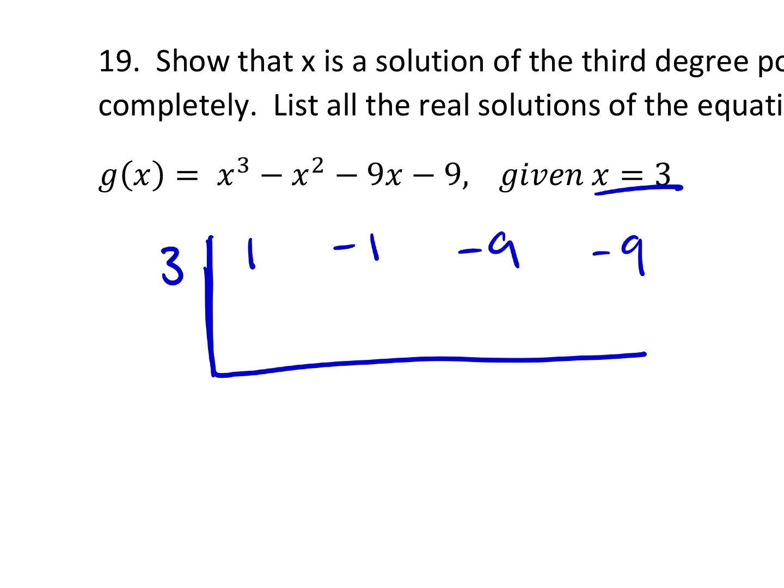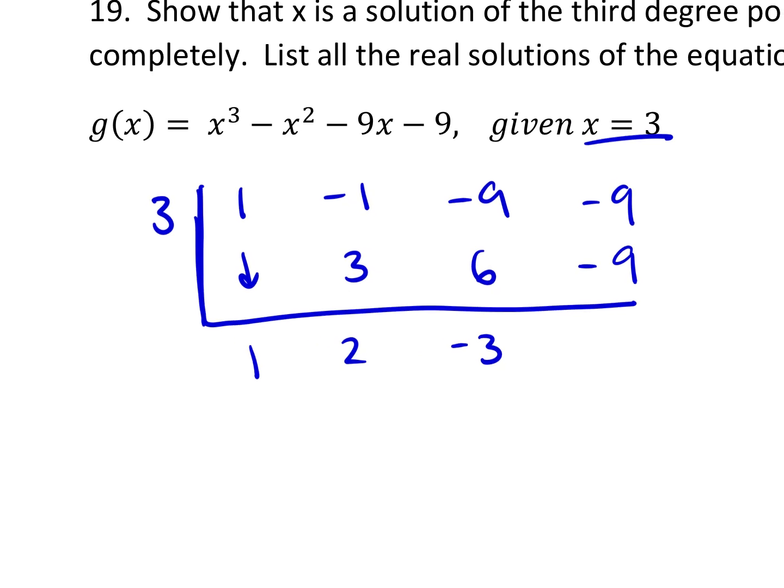And 3 goes outside the box. So drop down 1, multiply, add, multiply, add, multiply. We get negative 18. Is 3 a solution? No.